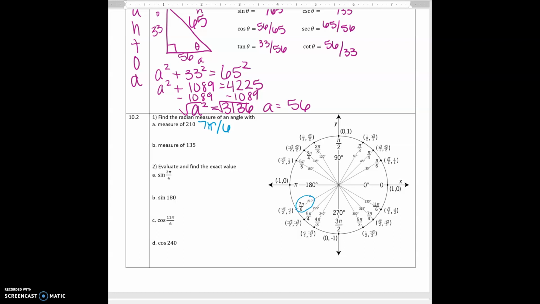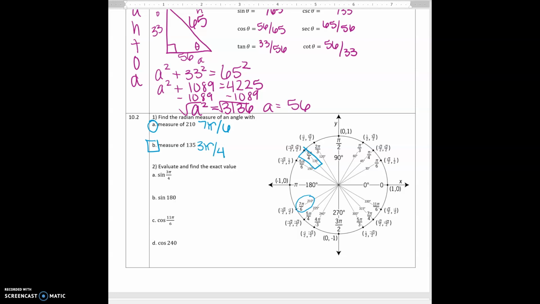Okay, next one, find the radian measure of the angle 135. 135 right here. So that's 3 pi over 4. So I'm not doing any math in that. I am just strictly looking at the unit circle and pulling the data from there.